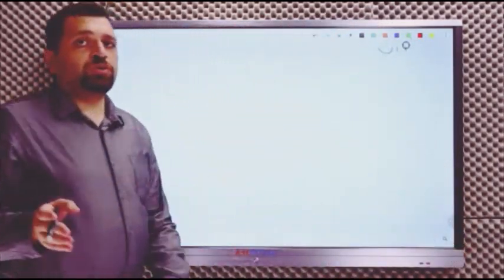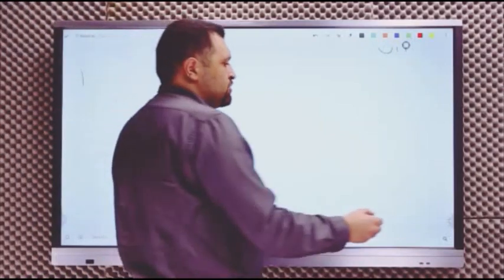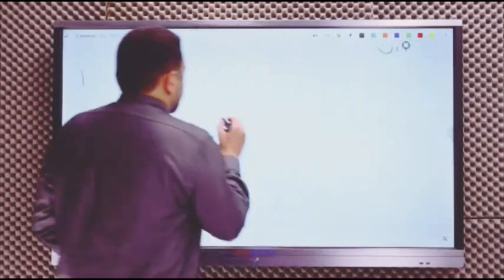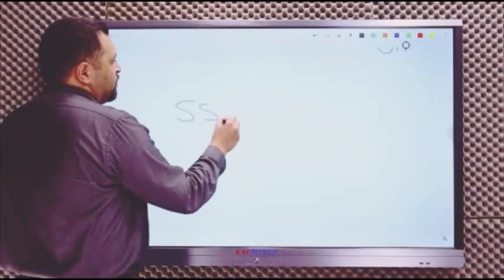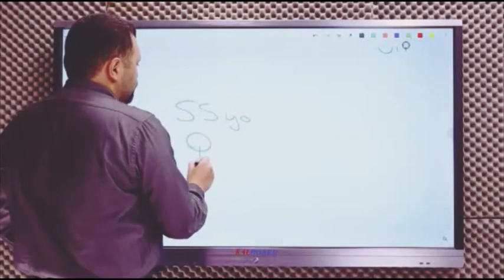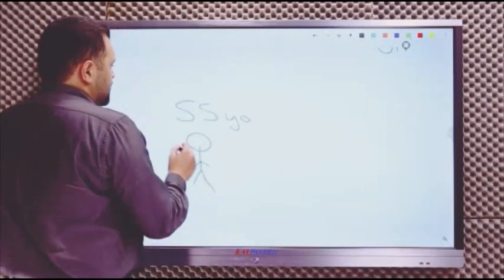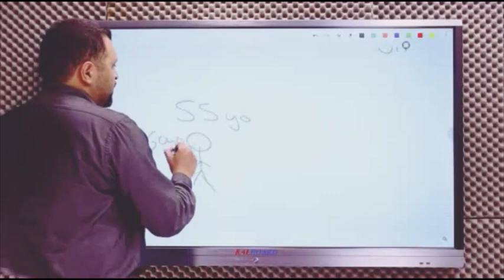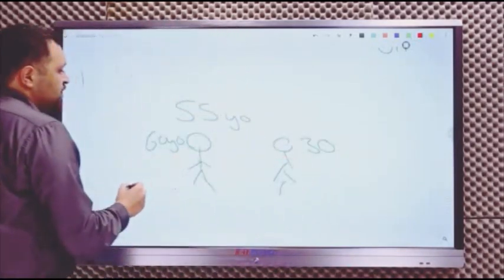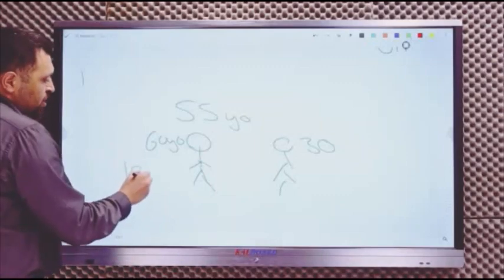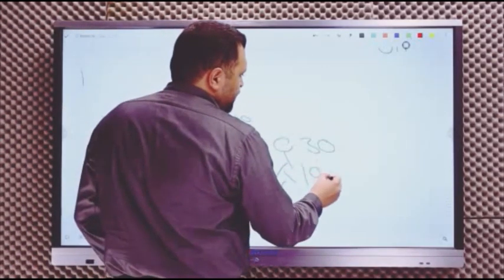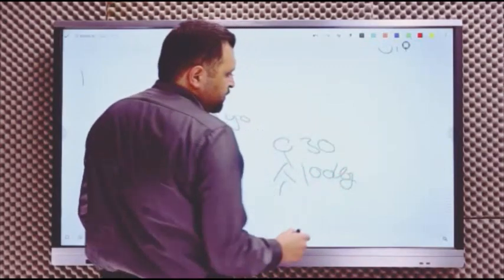So we talked about the dose, we talked about the concentration. So we go back here. We said over 55 years old, you have to be aware. So if we brought two patients, one is 60 years old and one is 30 years old, this guy's weight is 100 kilograms and this guy's weight is the same, 100 kilograms.